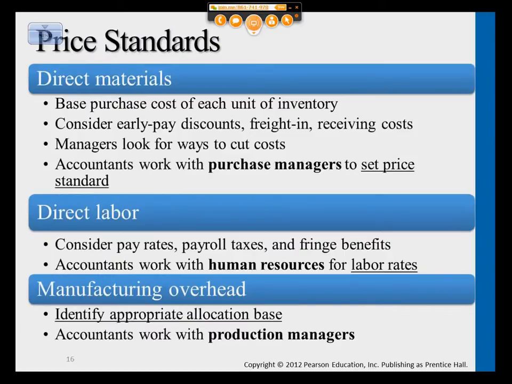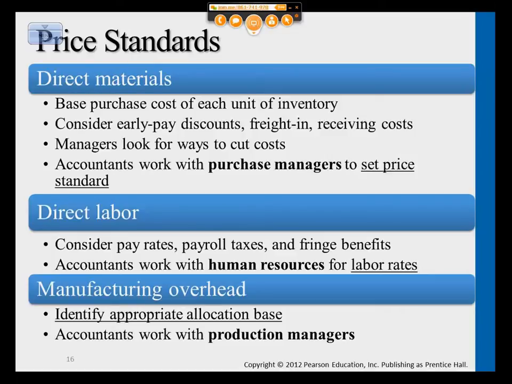So really quick, what are the price standards? Price standards are going to have a couple of components: direct material, direct labor, and manufacturing overhead. For each of them, in turn, we're going to have certain standards set in place. For direct materials, it's the base purchase cost of each unit of inventory. We're going to consider early pay discounts, freight-in, receiving costs, and so on and so forth.